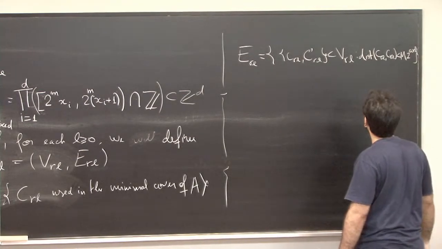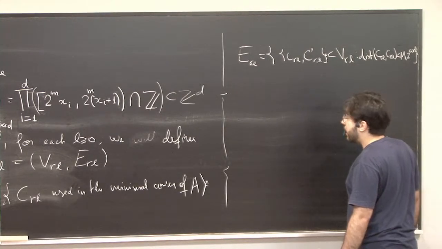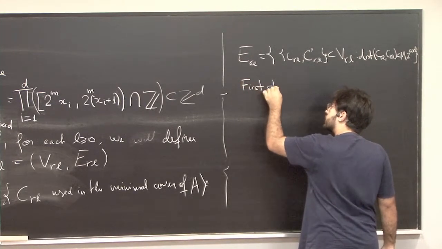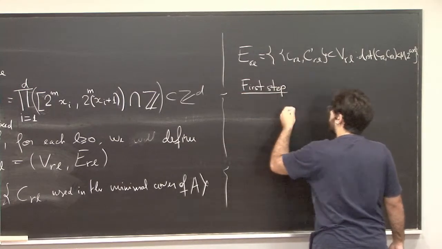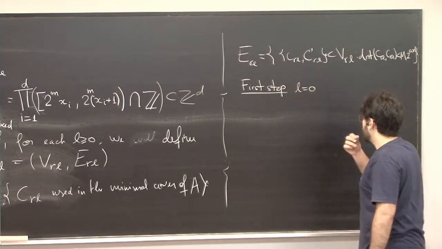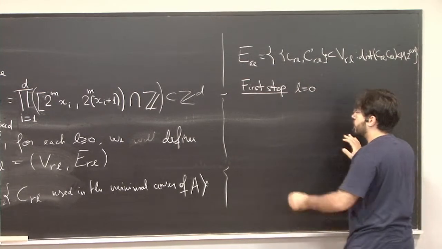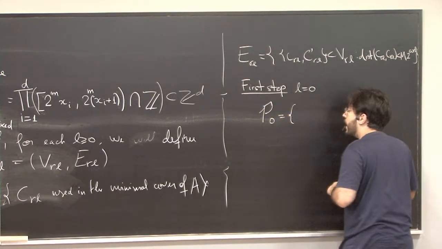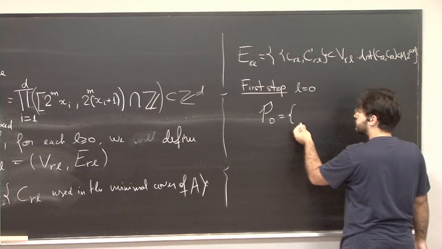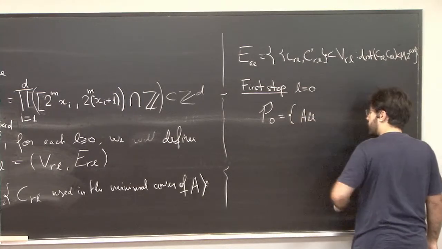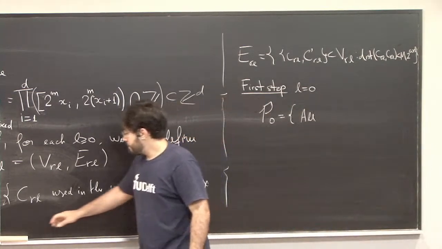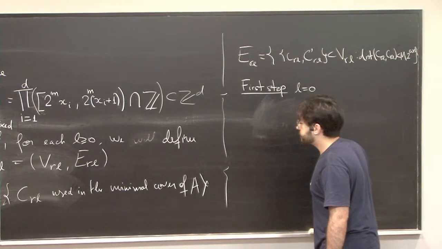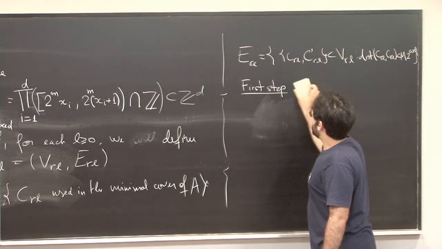So how do I use these graphs to construct the partition? I need to do the following. First step: we start with L equals 0. Before the first step I will need another definition.